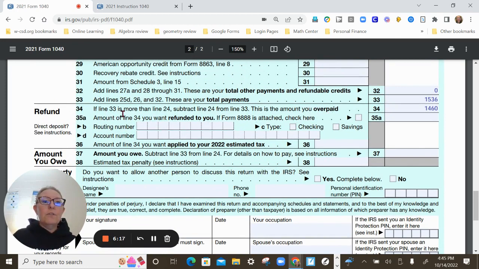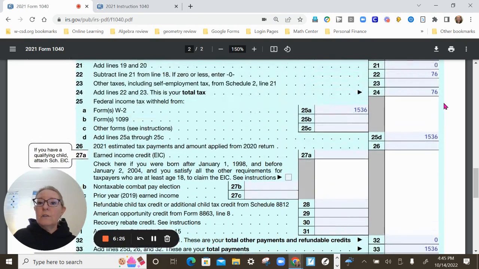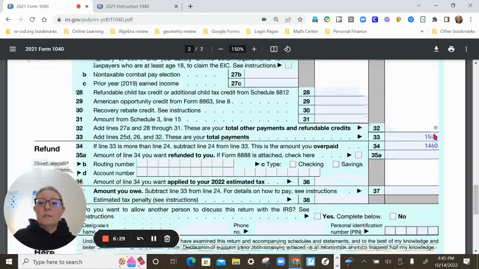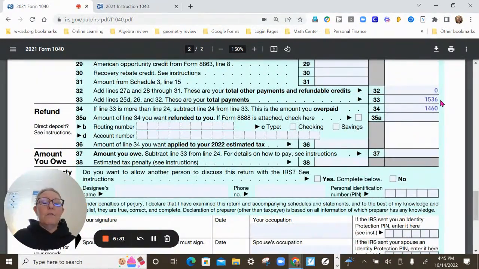So if line 33 is more than line 24, well, it is because line 33 is over $1,500 and line 24 was $76. She owes $76, not $1,536. So if we subtract those, the difference is $1,460. That is her refund.